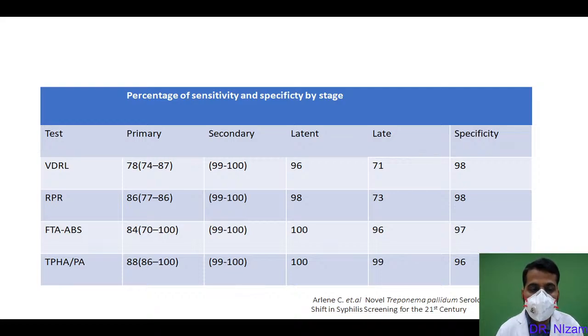In the late stage it again drops, from 70 to 99%, whereas TPHA or TPPA even in the late stage can detect with sensitivity around 99%. In the primary stage, TPHA and TPPA can detect early, and the specificity is around 96% for TPHA and TPPA.